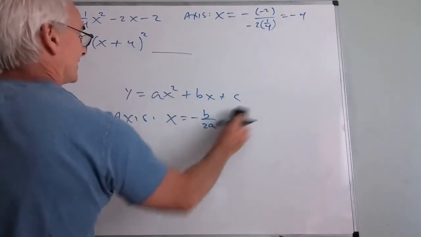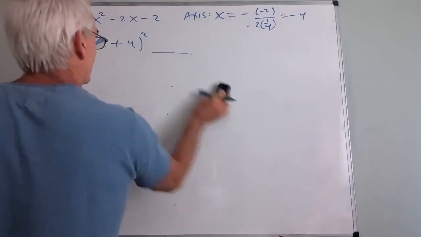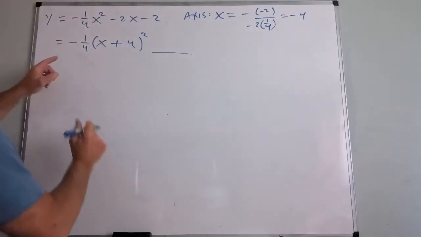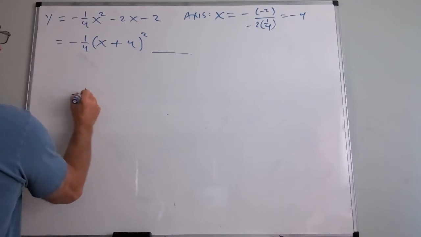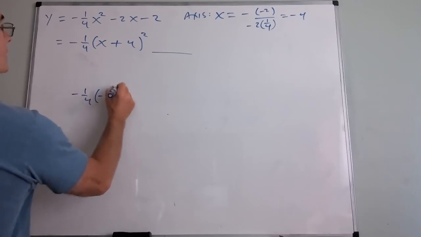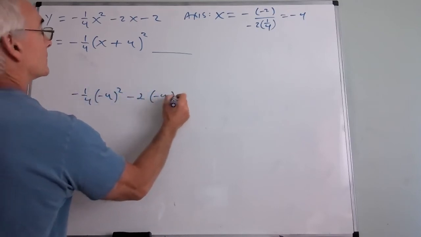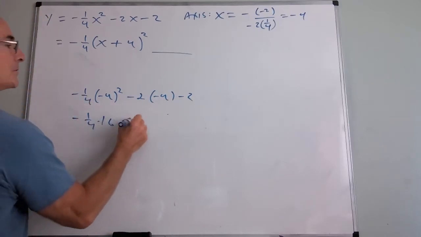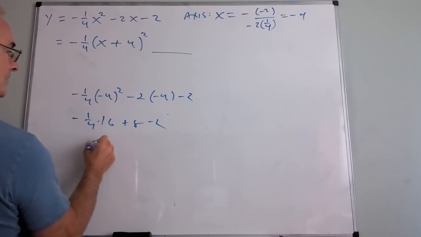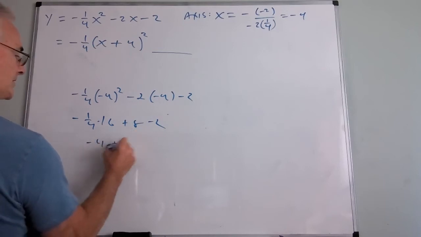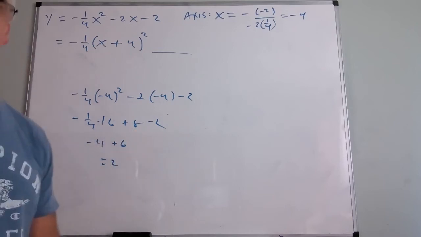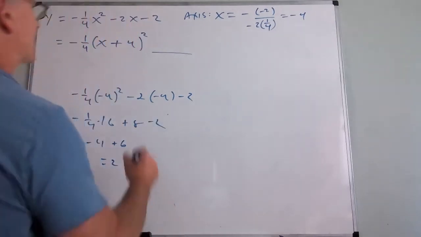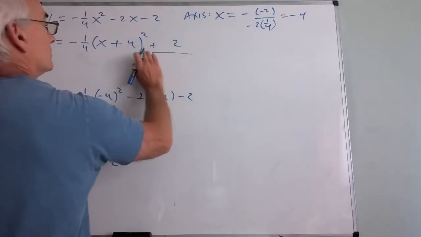So I have negative a fourth times the square of negative 4, minus 2 times negative 4, minus 2. That's negative a fourth times 16, plus 8, minus 2. So negative 4 plus 6. After all is said and done, that's just 2. Plus 2.